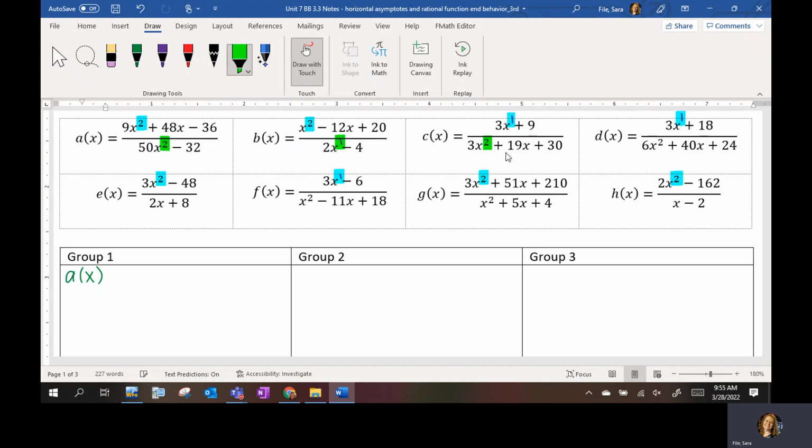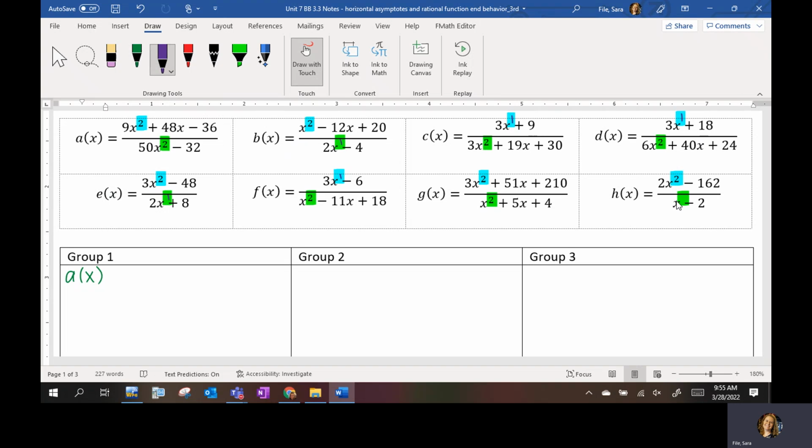Good. In d of x? E of x? That 1. And in f of x? And in g of x? And h of x? Understood 1.